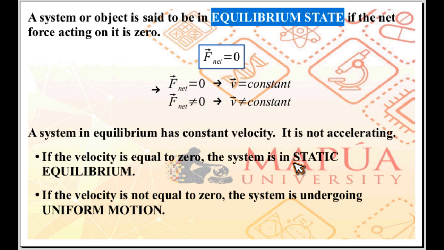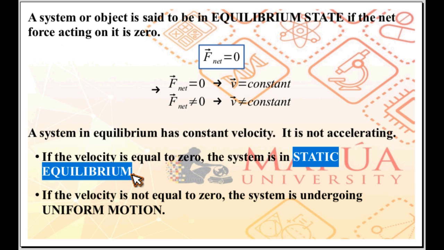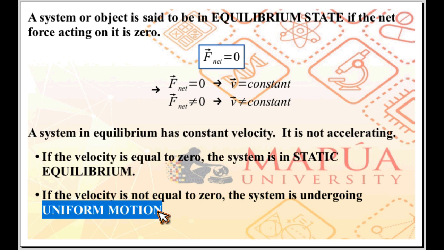If the velocity is equal to 0, the velocity is constant at 0. The system is said to be in static equilibrium. On the other hand, if the velocity is not equal to 0, the velocity is constant at this non-zero value, the system is undergoing uniform motion.